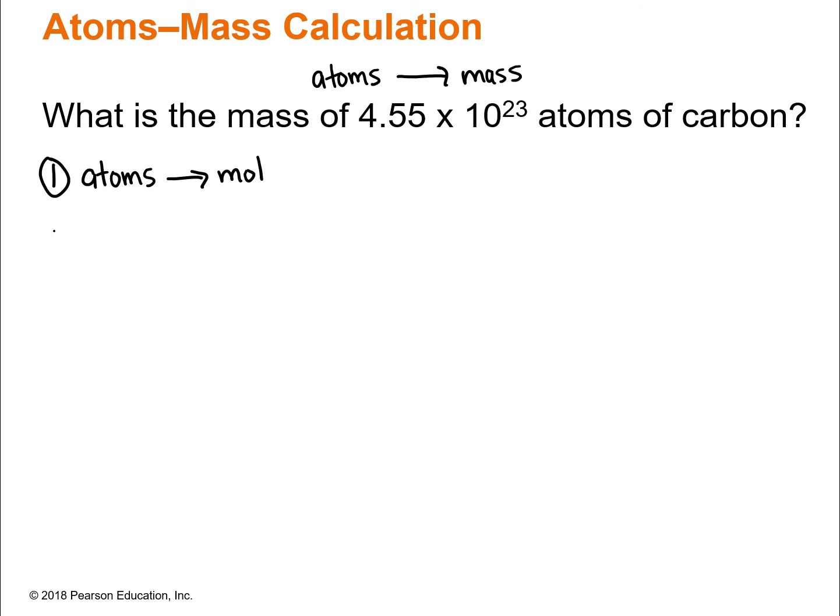In general, not this specific problem, in general, to go from atoms to moles, you have to use Avogadro's number. Y'all are overthinking it. Yeah, that's the 6.02 times 10 to the 23rd atoms.